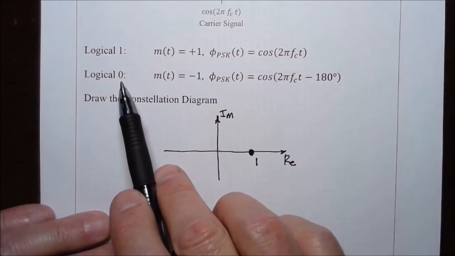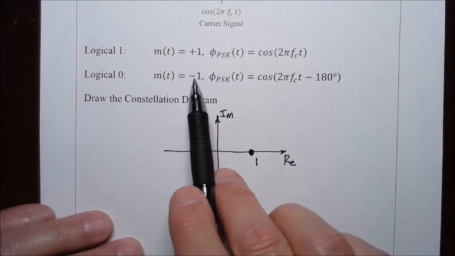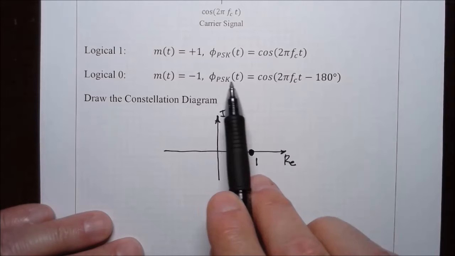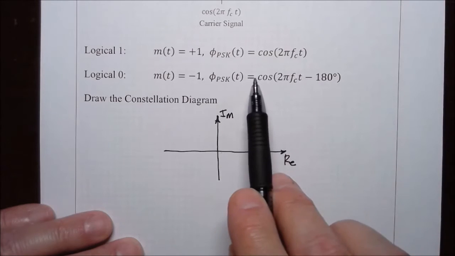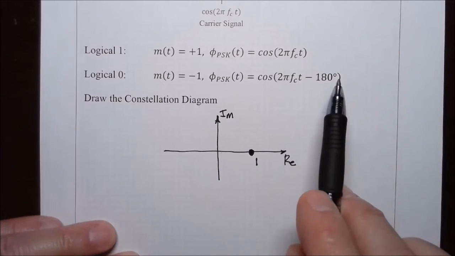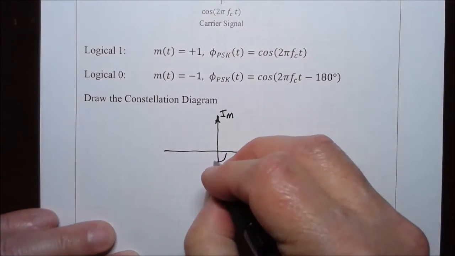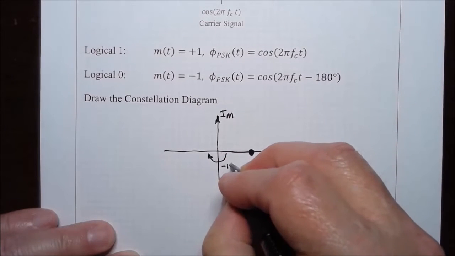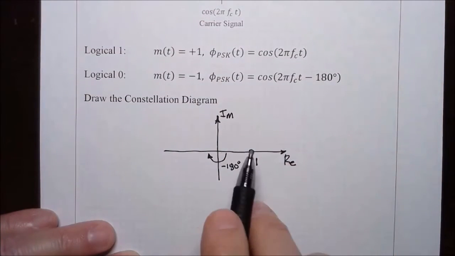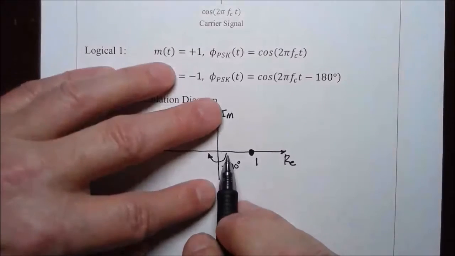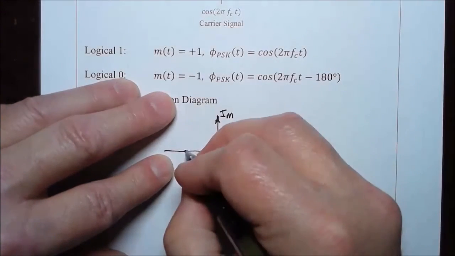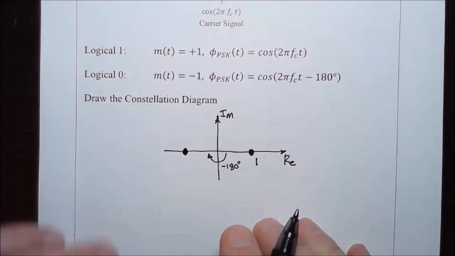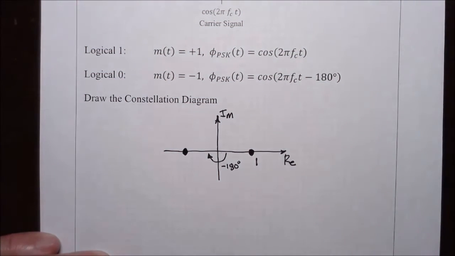If the signal is logical 0 and the message signal is -1, the phase shift keyed signal is cosine 2 pi fct minus 180 degrees. The phasor representation is 1 at an angle of minus 180 degrees. So the dot will be right there, about. And that's the second point in our constellation.